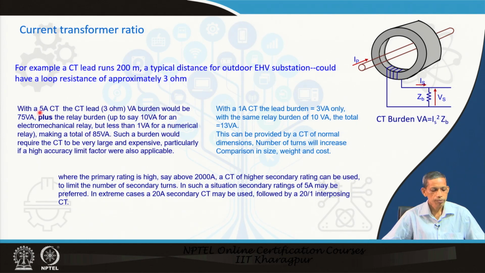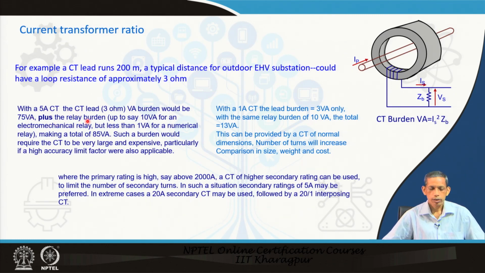Let us consider a 5 ampere CT and we have a 3 ohm lead in this system. That leads to a burden of I squared into 3. This is a continuous rating of 5 ampere, 5 squared is 25, into 3 is 75 volt-ampere.